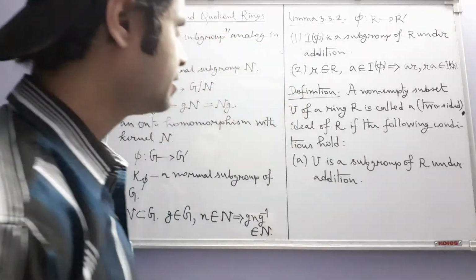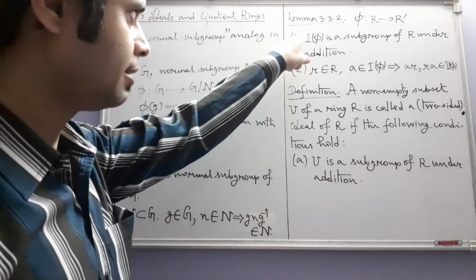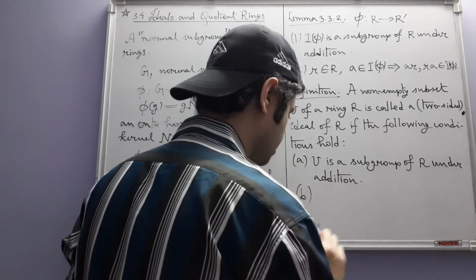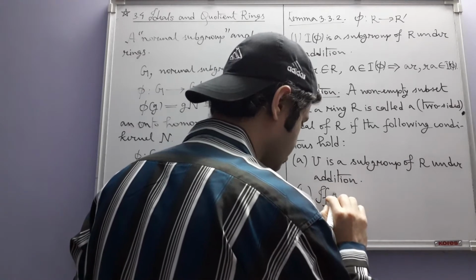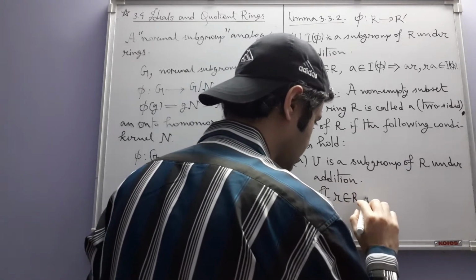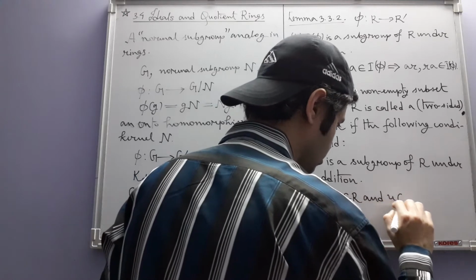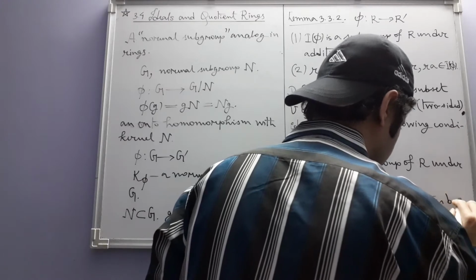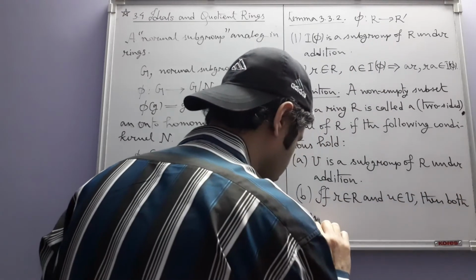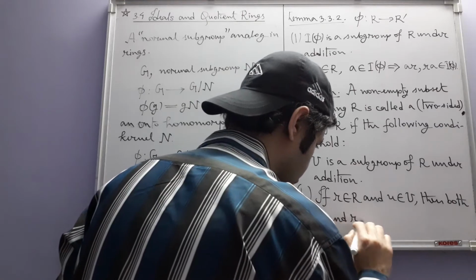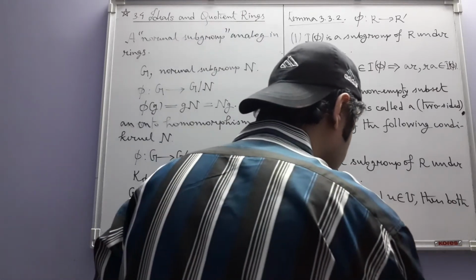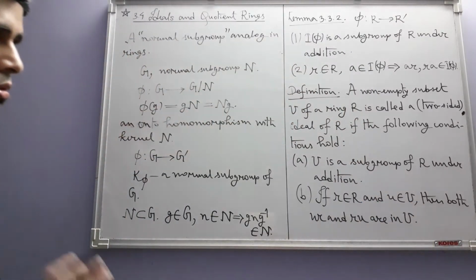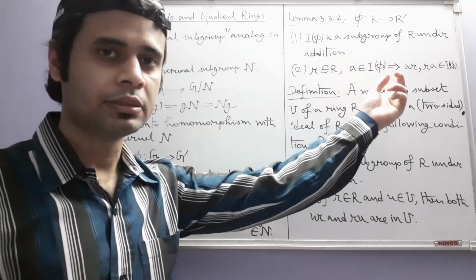You see, we are mimicking the first property here with the kernel of phi replaced with U. And B, if r belongs to R and u belongs to U, then both ur and ru are in U. So here also we have mimicked this one.